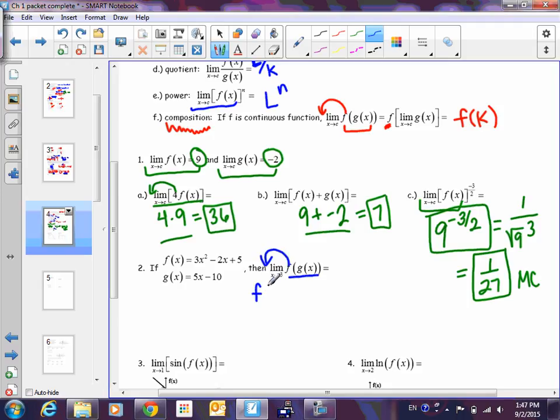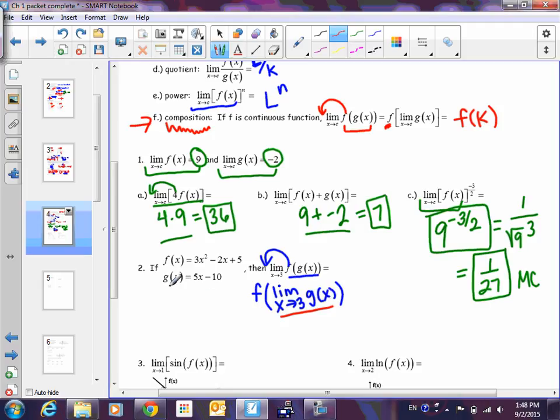Let's put the f in front, and let's put the limit as x approaches 3 of g of x inside. So that's using that property. Now we have to use what we learned yesterday and actually find the limit as x approaches 3 of g of x.